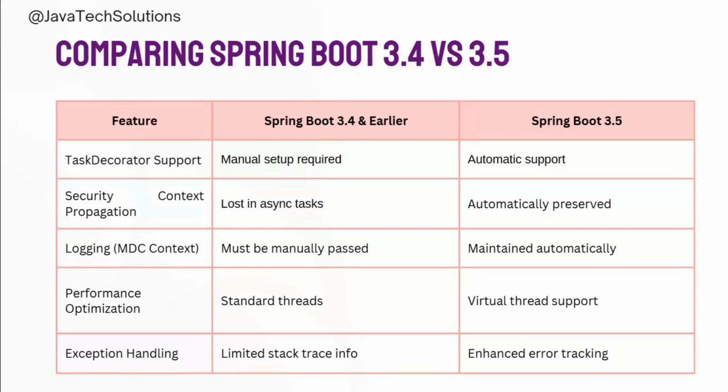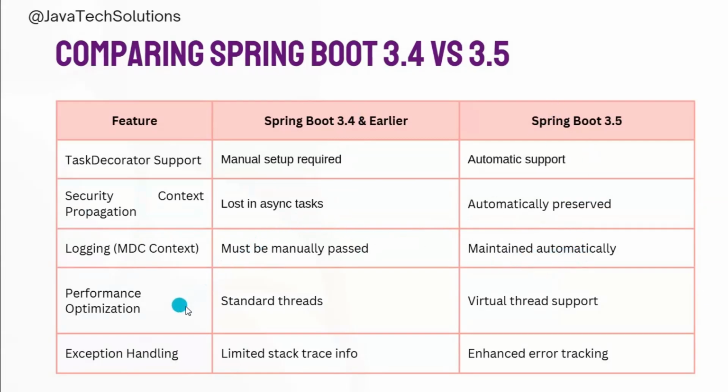Here I am comparing Spring Boot 3.4 versus 3.5. For TaskDecorator support, earlier manual setup was required, but in 3.5 it is automatically supported. Context propagation was lost in async tasks, but in Spring Boot 3.5 it is automatically preserved. Logging had to be handled manually, but in 3.5 it is maintained automatically.